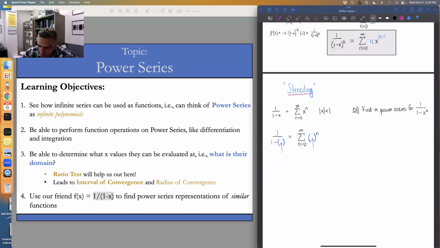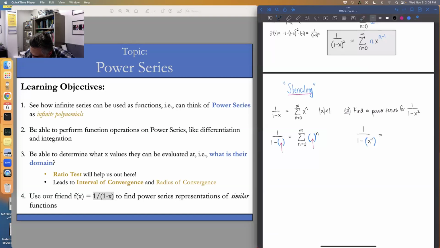We're going to first do this for the power series example that I motivated this with, the function 1 over 1 minus x squared. So we'll take this function 1 over 1 minus x squared, and in terms of getting it into the stenciling form, we really just need to put the x squared inside of those parentheses.